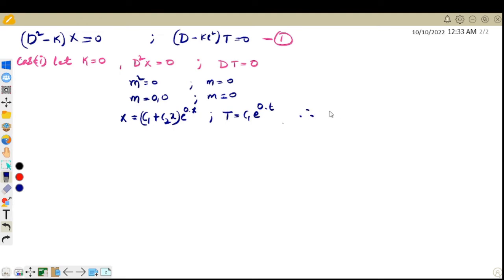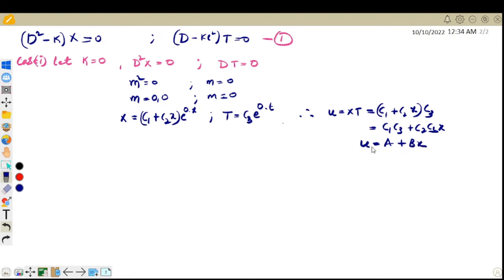Therefore, by using method of separation of variables, u is equal to X T is the solution. So X is c1 plus c2 x into, we can call this c3, or this is also the same as c1 c3 plus c2 c3 x, or simply a plus b x.